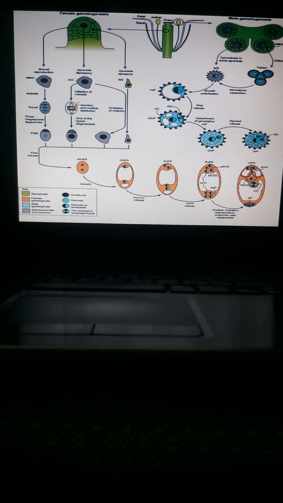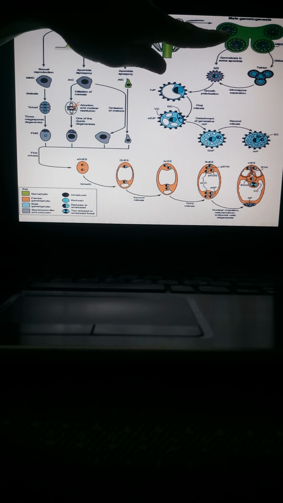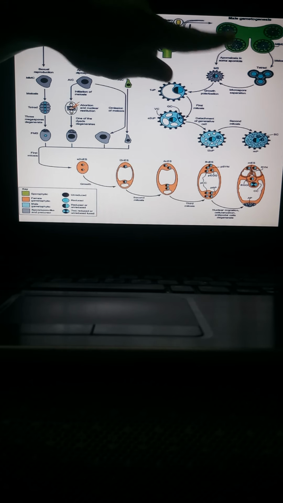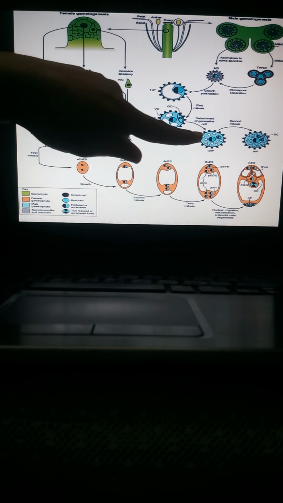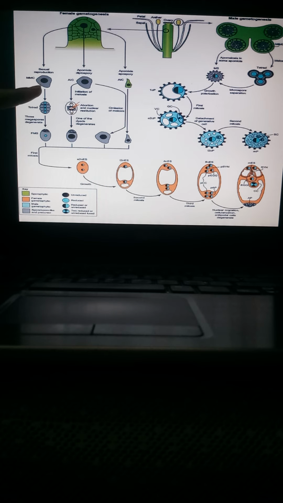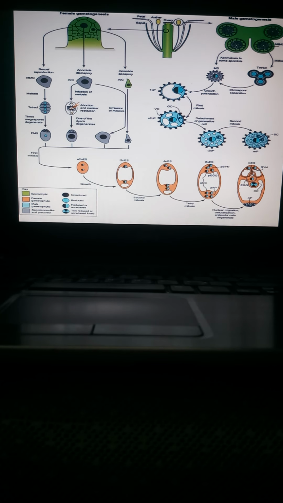This diagram is not to be memorized. It just represents how microspores are formed inside the microsporangia present in the anther lobes, and then male gametes are formed inside the pollen grain, and how the megaspores are formed inside the megasporangium, that is the ovary, and how the two fuse to give rise to zygote. Zygote develops into embryo, embryo into seed.